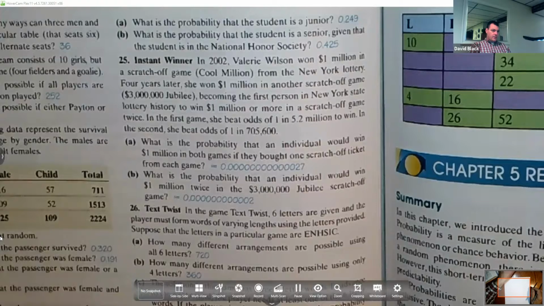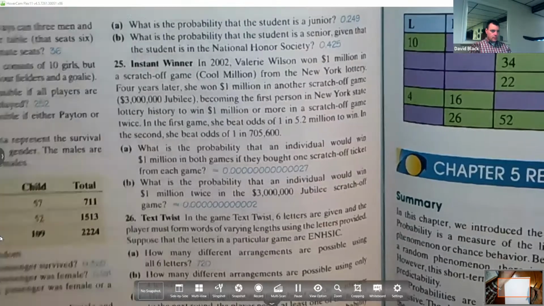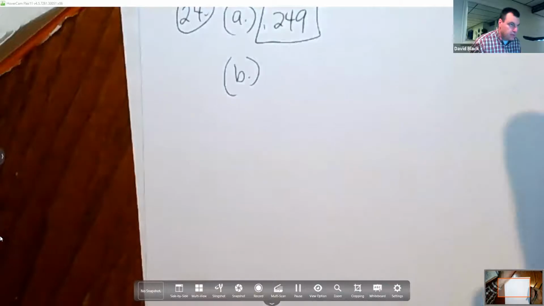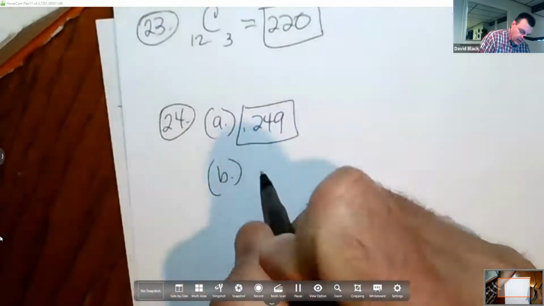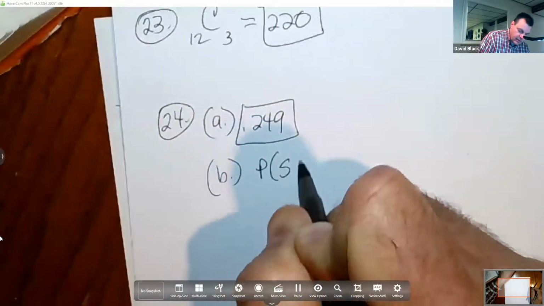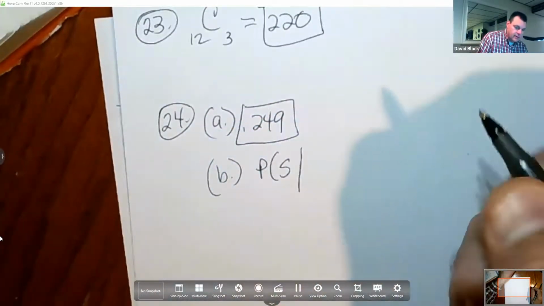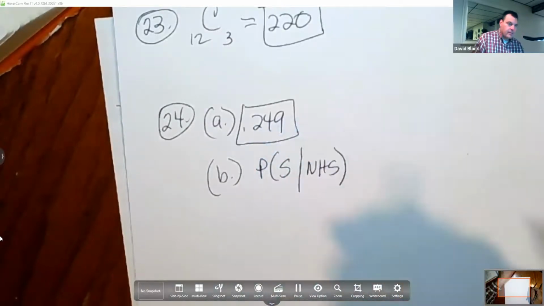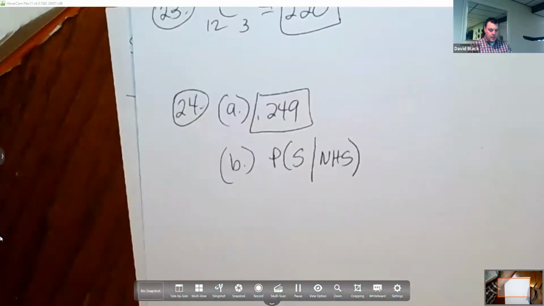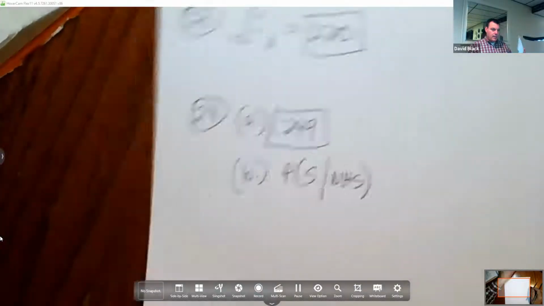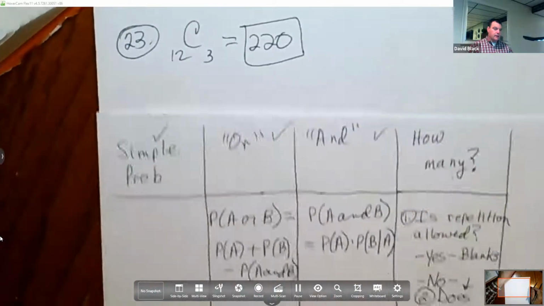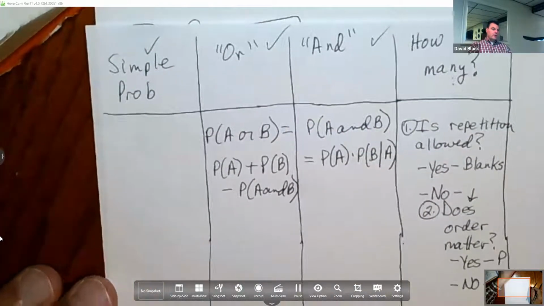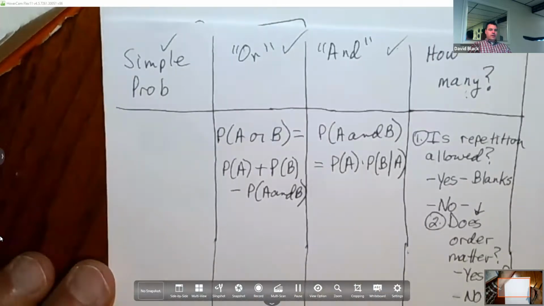Given that the student is in the National Honor Society. So let's write that out: probability that the student is a senior, given that they're in NHS. Now here's why I made myself out to be incorrect. Because technically this does not fit any of these four categories.